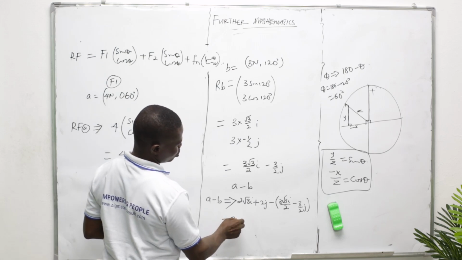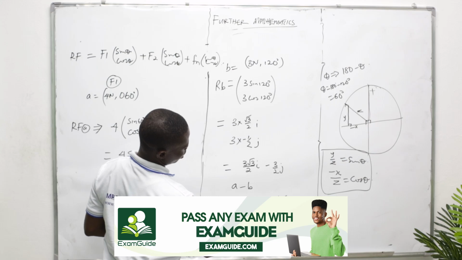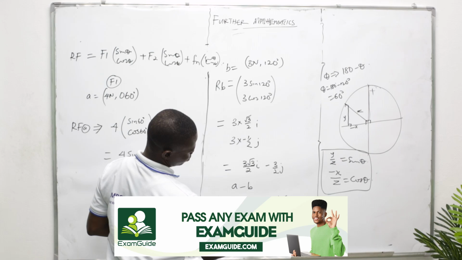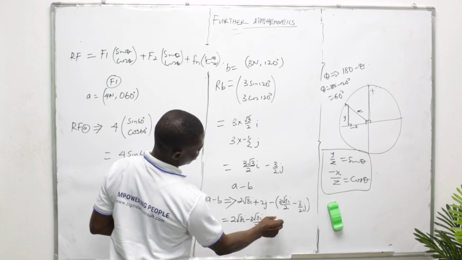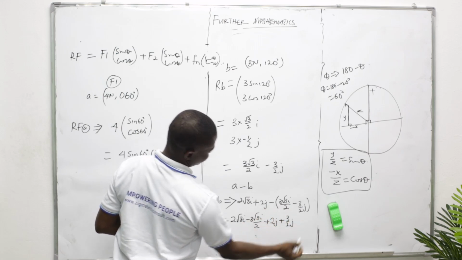This will give us 2 root 3 I minus 3 root 3 I all over 2, then plus 2 J minus minus, plus 3 all over 2 J.